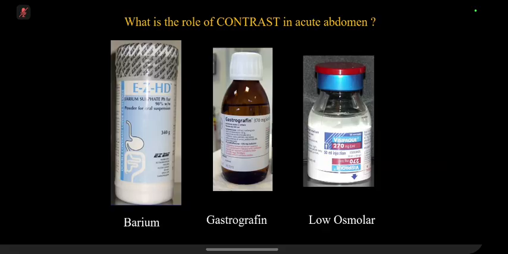We call it the low osmolar. There are many types of low osmolar contrast media. Right now in our department, we have Visipaque and Omnipaque, both of them. Interestingly, I was just at a conference in London last week.